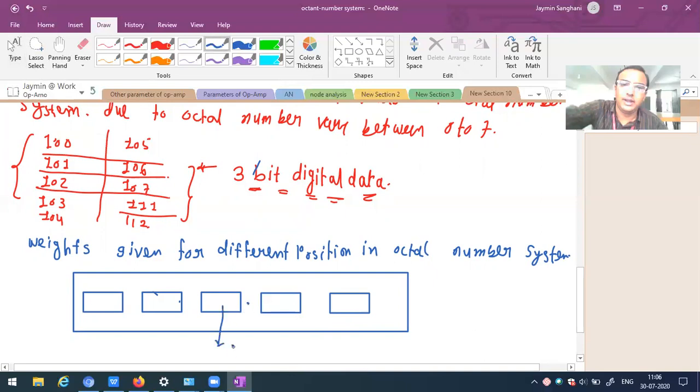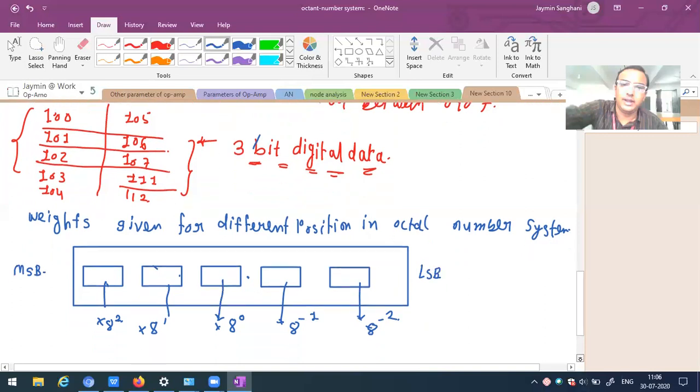So here it is 8 raised to 0 multiplied, here 8 raised to 1, here any data can be multiplied with 8 raised to 2. Here 8 raised to minus 1, here 8 raised to minus 2. So here it is known as the most significant bit, and here it is known as the least significant bit.